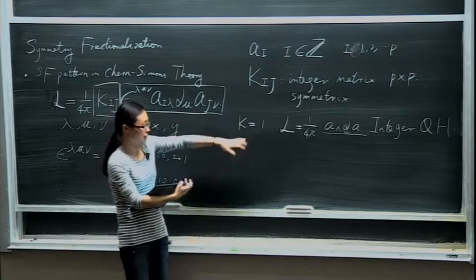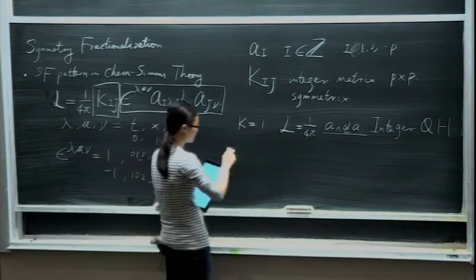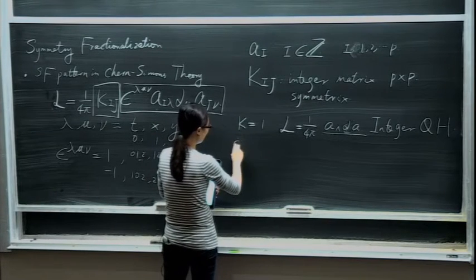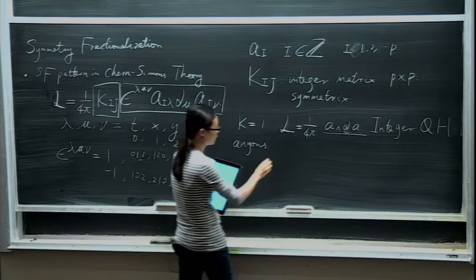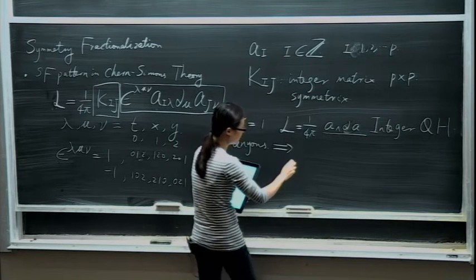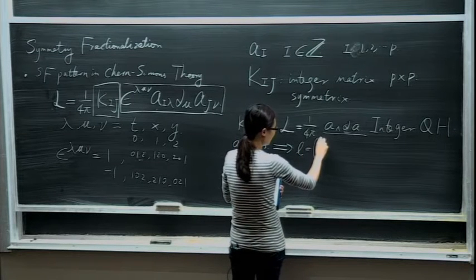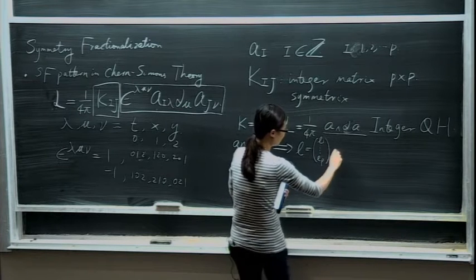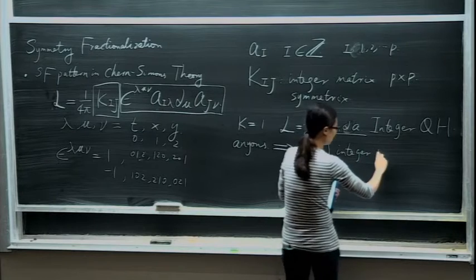Well, more generally, we can have K be a matrix. And then what happens is that the anyons in the theory will correspond to vectors, a P component vector which we label by L. So there will be integers L1 to LP. So this is an integer vector.